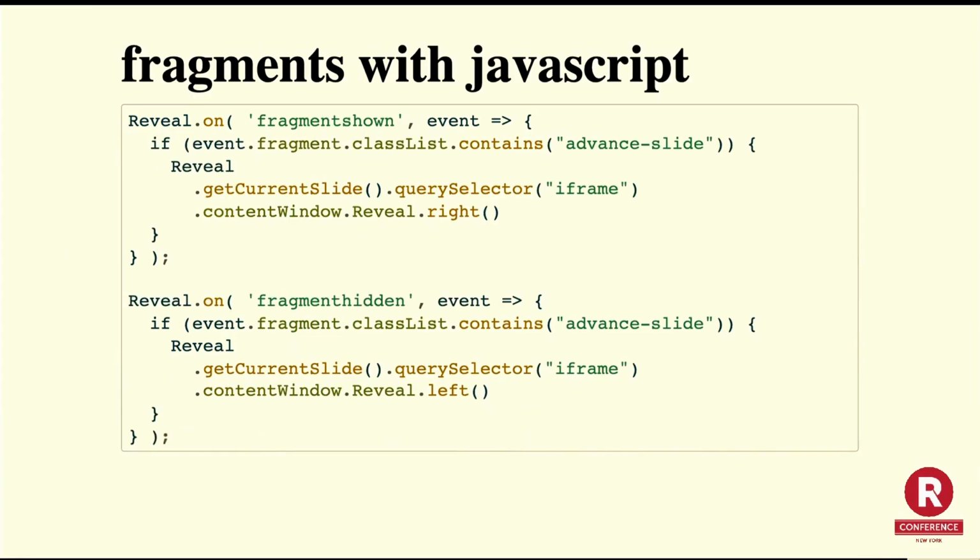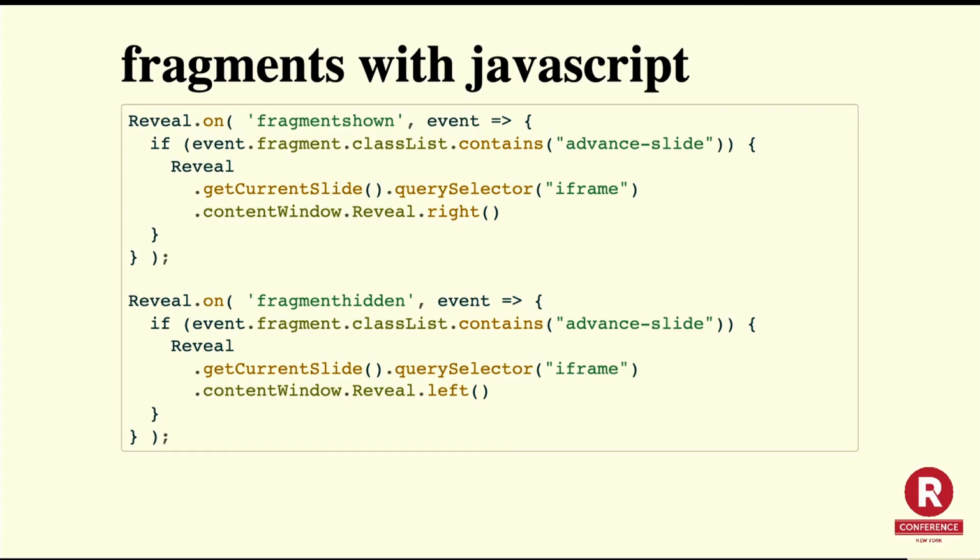And that's actually what I've been doing so that whenever I press forward, the embedded slide moves forward. I added an advance slide fragment, and every time it goes forward, it uses some JavaScript to find the iframe and advance it. It also works backwards.